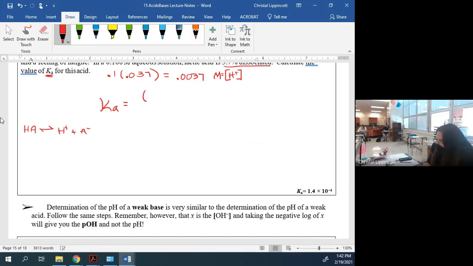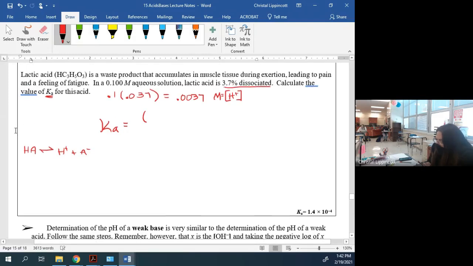This is going to be 0.1 minus 0.0037. Good job. And then this would be 0.0037, and then this one would be 0.0037. All right, good job.